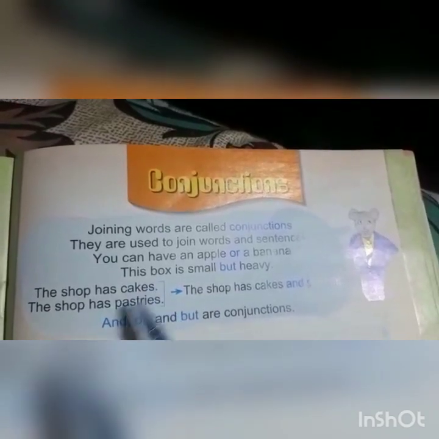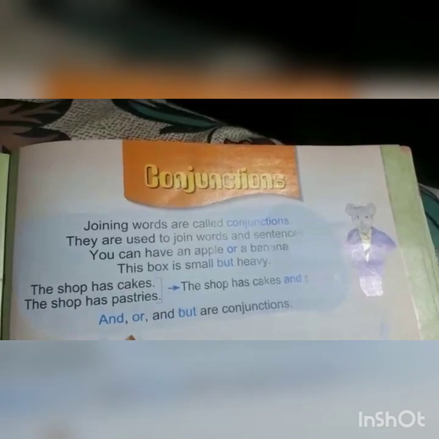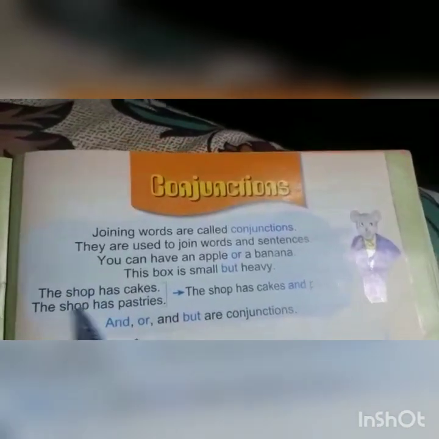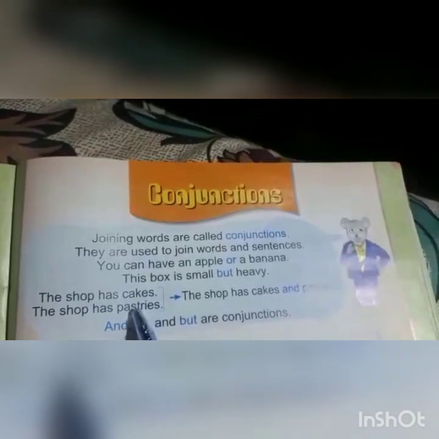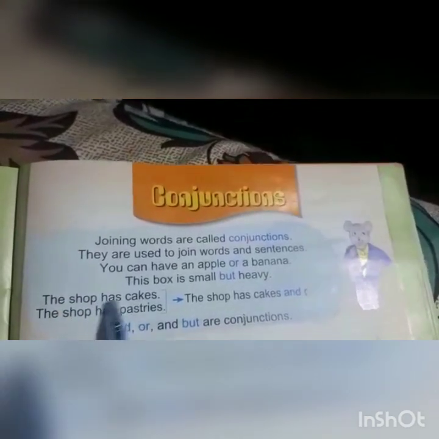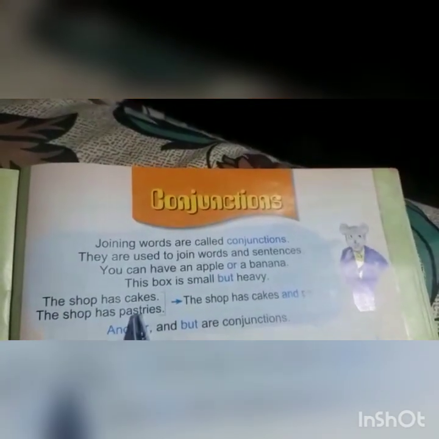At a higher scale, when we have to do writing, we do not repeat the subject in every sentence. So what we do, we join two sentences by just joining the objects of the two sentences using a conjunction. As we see an example, the shop has cakes, the shop has pastries.